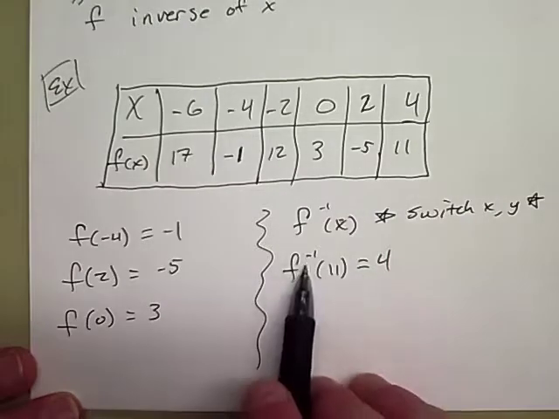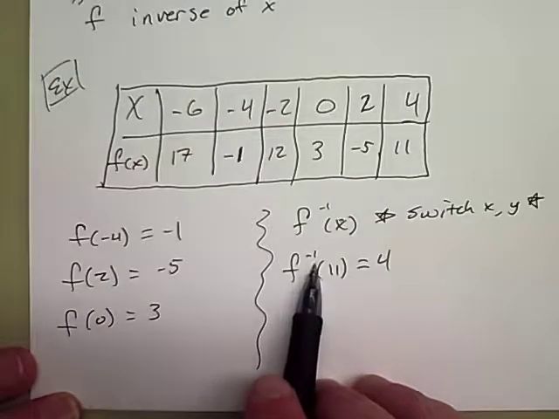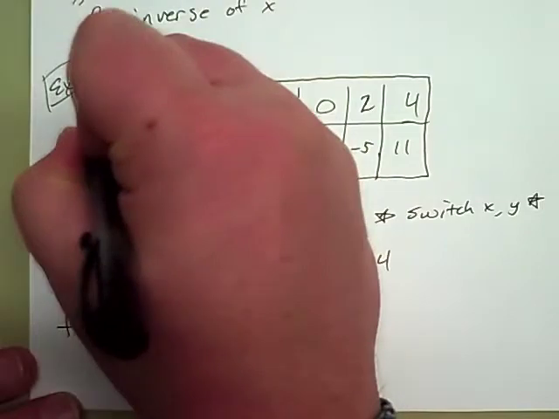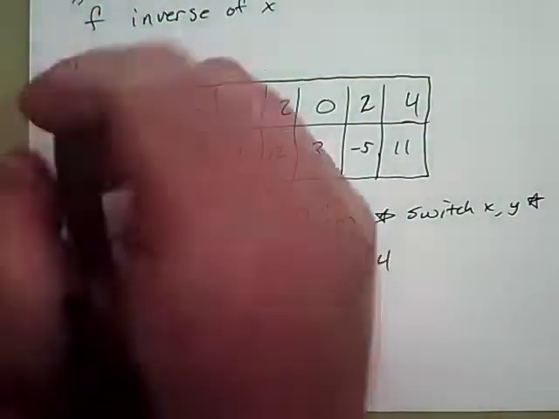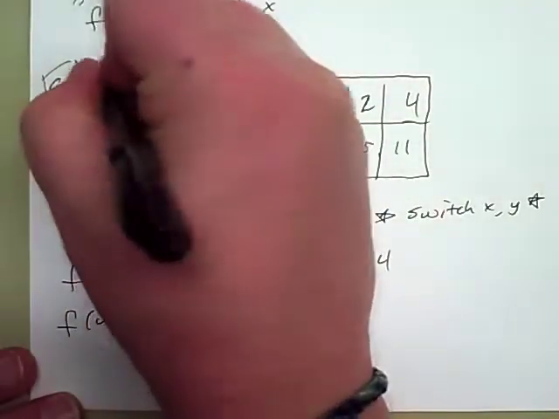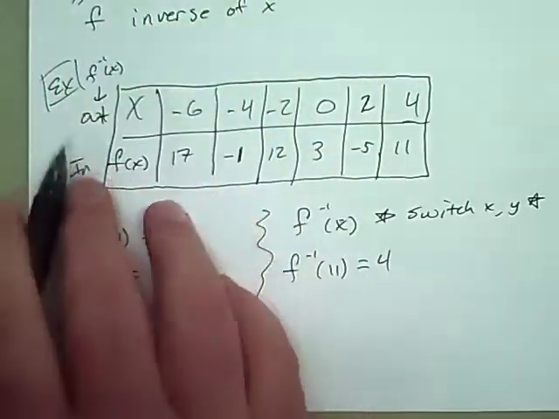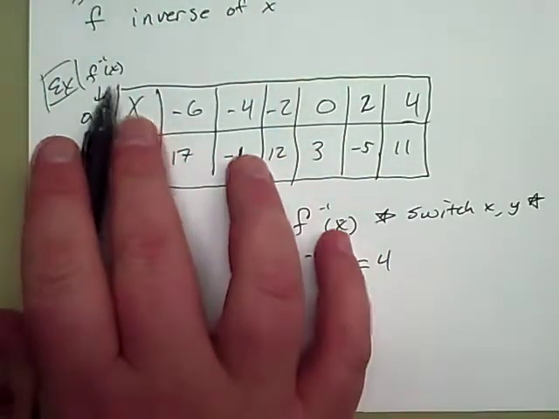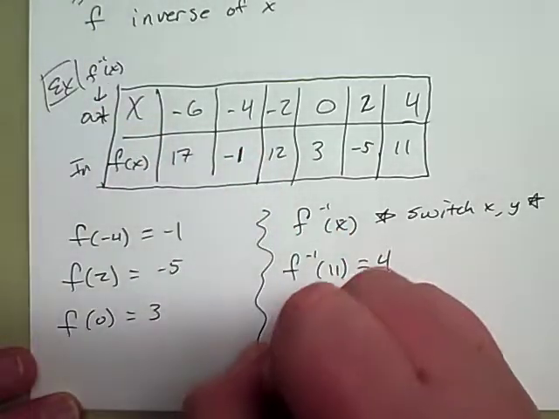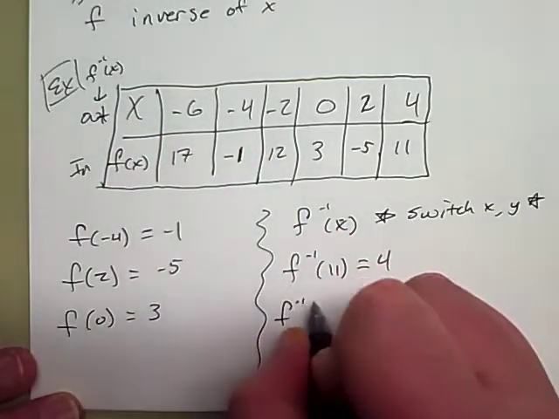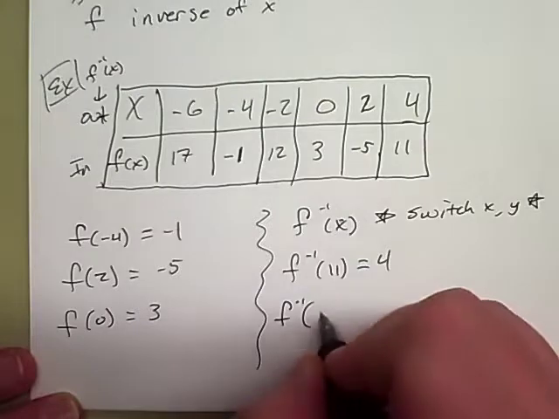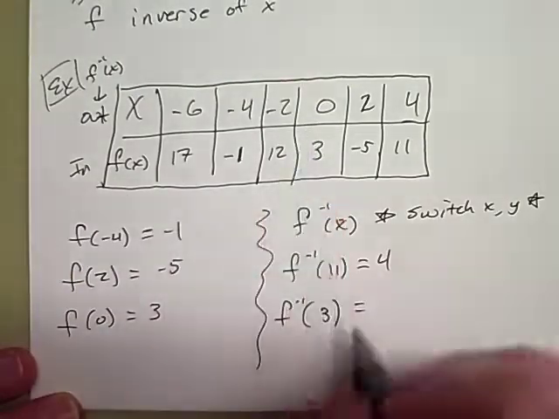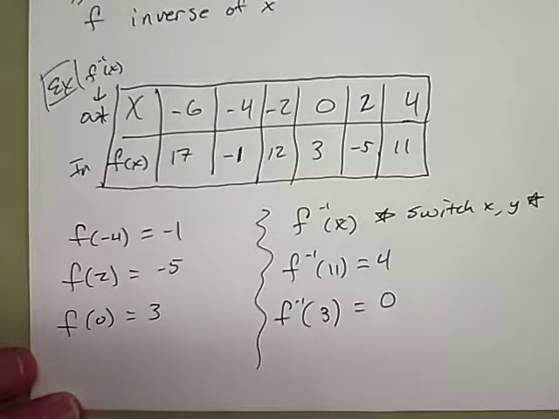But when we say inverse, then these become my inputs and these become my outputs whenever I'm dealing with f inverse. So if I said f inverse of 3, we plug a 3 in, we would get a 0 back out.